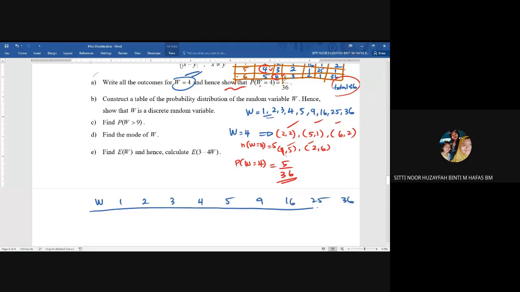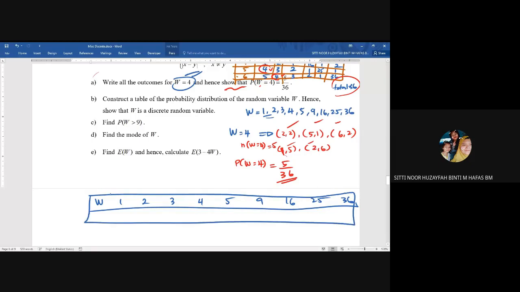And then the next step is to find the probability for each of these W. So how to find the probability for each of these W? We just look at how many outcomes we have in the outcome table, and divide by the total.